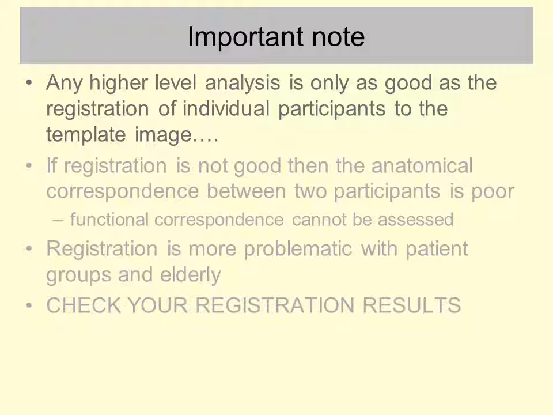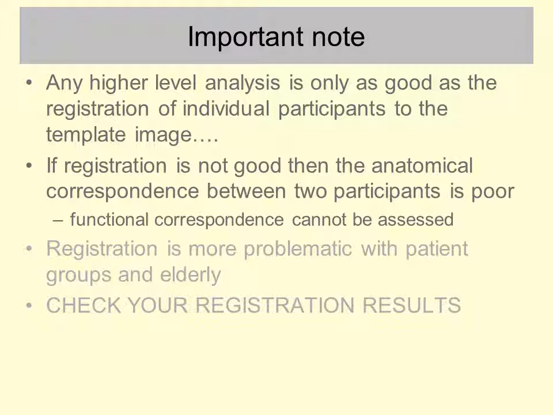You are assuming when you do group analysis that voxel x10, y30, z minus 20, or whatever voxel you're interested in, corresponds to the same bit of anatomy in all of your different participants. And that's a pretty big assumption, and it's only going to be even approximately true in the cases where your registration is performed correctly.